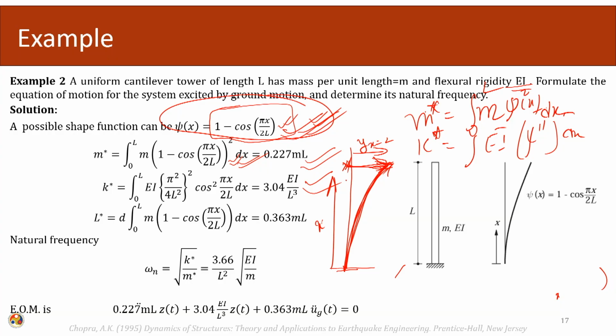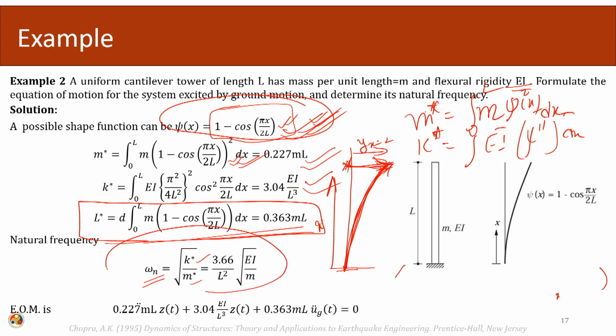Here the ground displacement has been given as the forcing function. The frequency of the system, omega, is nothing but the square root of k star divided by m star, so I can calculate omega also. And this is my equation of motion.